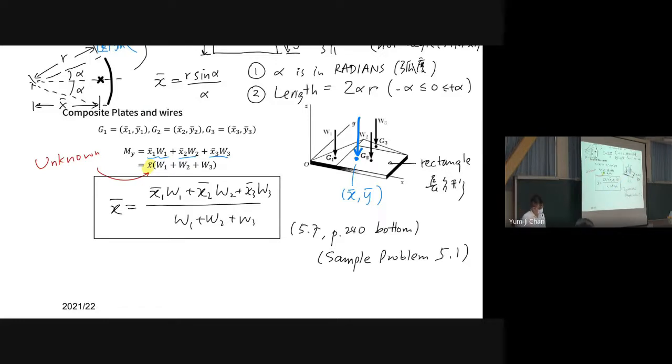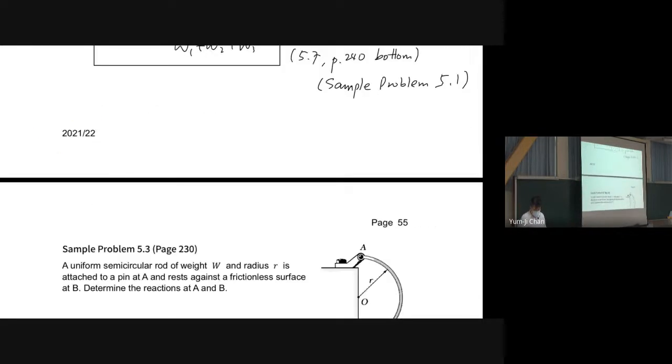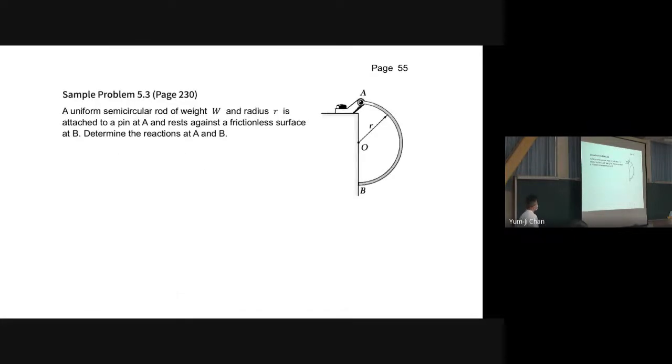Now we go to the next page, and let's work out an example here. We are putting things from chapter 5 and chapter 4 together.